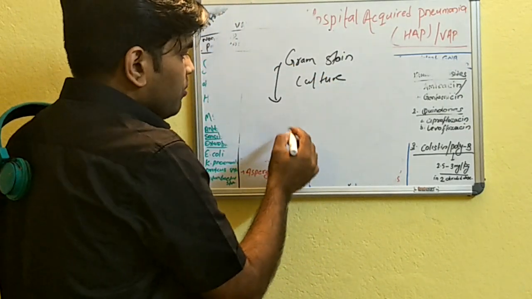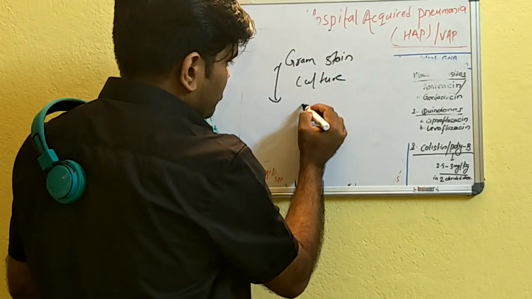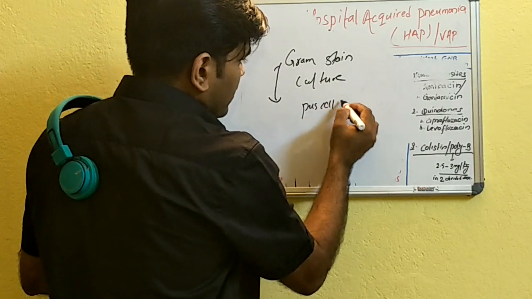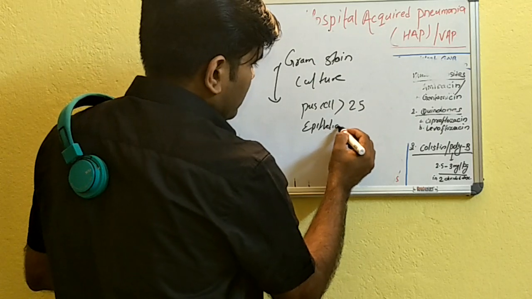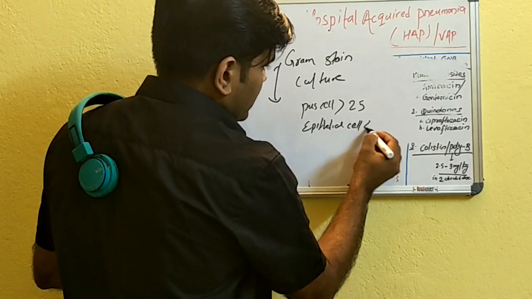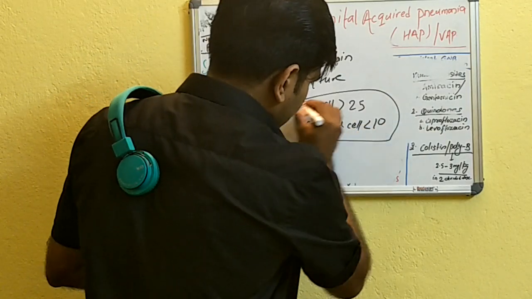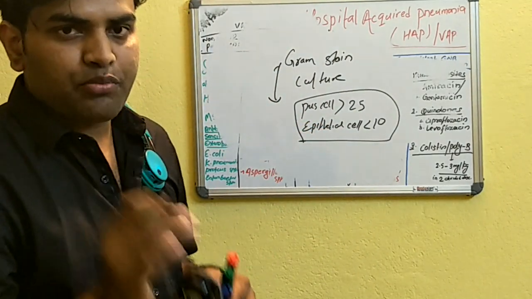In gram stain, you have to understand that if the gram stain reports pus cells greater than 25 and epithelial cells less than 10, then this is an appropriate sputum sample.